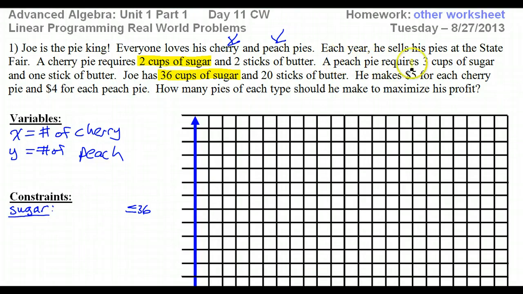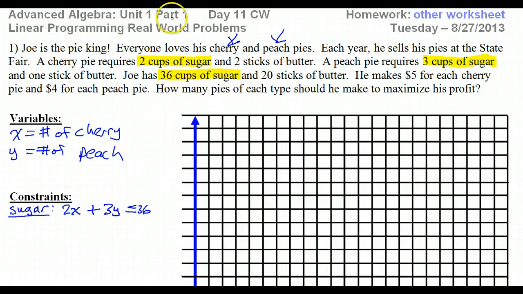Peach pie requires 3 cups of sugar. So the cherry pie was X, peach is Y, so that's going to be 2X plus 3Y. So the sugar constraint is 2X plus 3Y is less than or equal to 36.